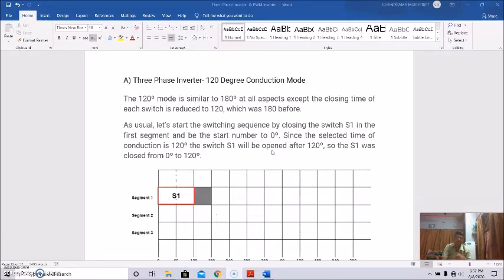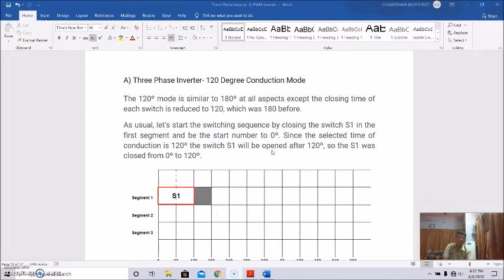So there must be a predetermined operational mode that we discussed in our last class. Let us start with the 120-degree conduction mode of operation, which, as I told you, is similar to the 180-degree mode.